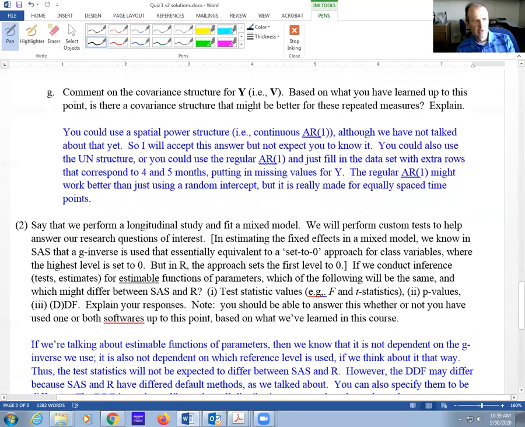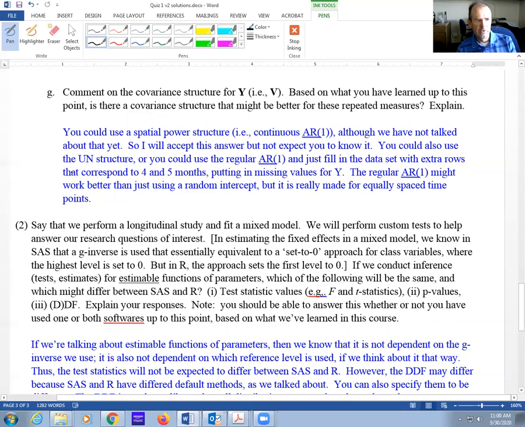We talked a little bit in class about covariance structure. We do have one, but it's compound symmetric. By adding the random intercept, we have a compound symmetric structure for Y, which is much better than nothing. But we can probably improve on it by doing something more time sensitive. So the spatial power structure, we did talk about that through the homework.